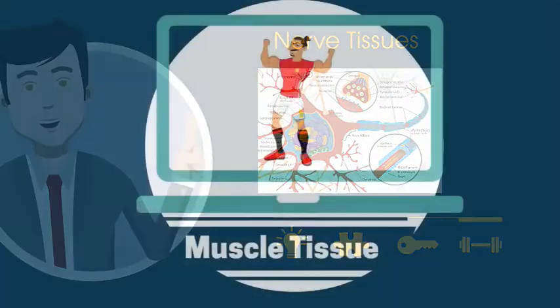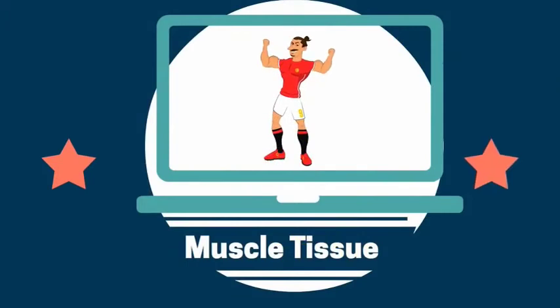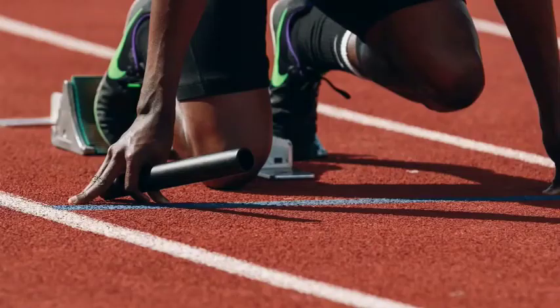Muscle tissue is one type of tissue found in the human body. Muscle tissues are responsible for movement inside and outside of the body. Check out these muscle tissues at work.